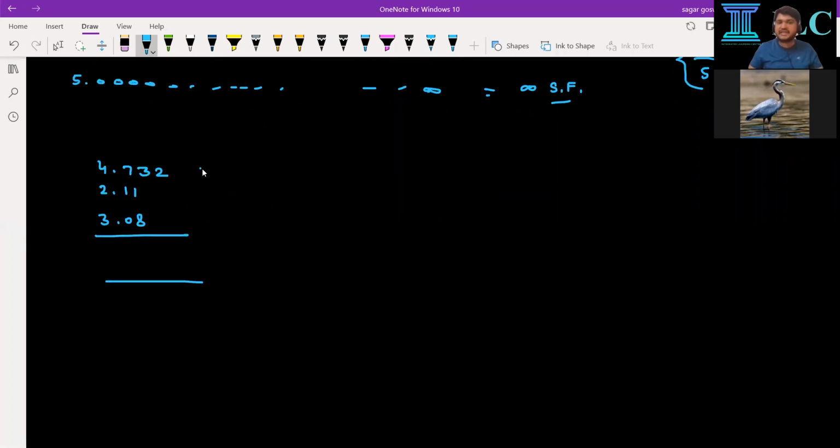The first number has four significant figures. The others have three, and three. So the maximum is four, the minimum is three. It means your answer should also be in three significant figures.